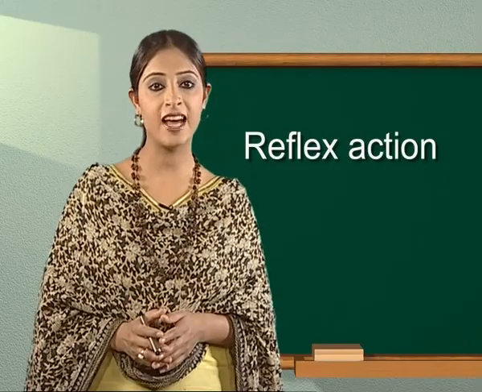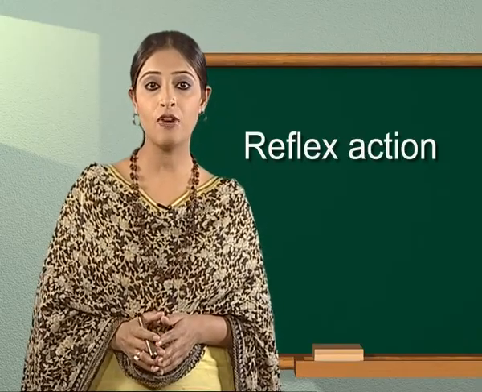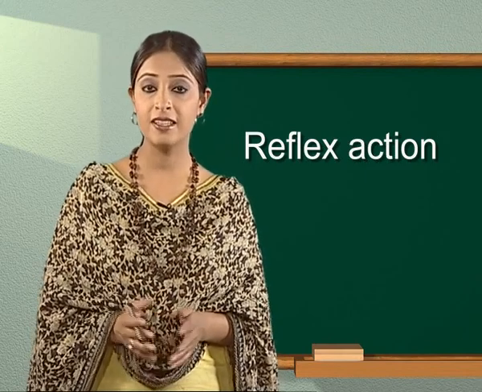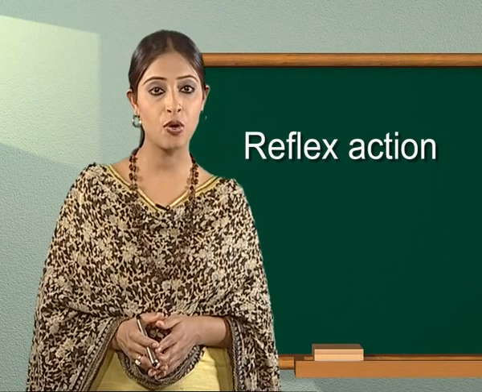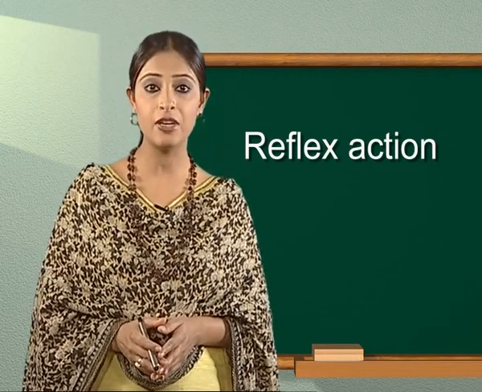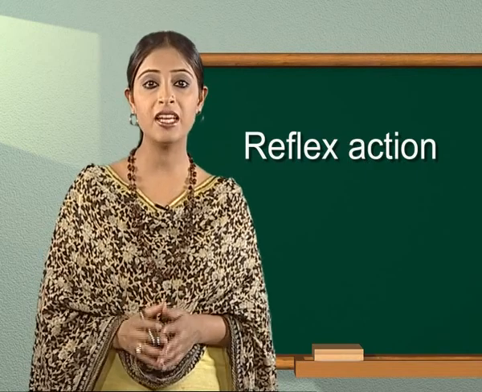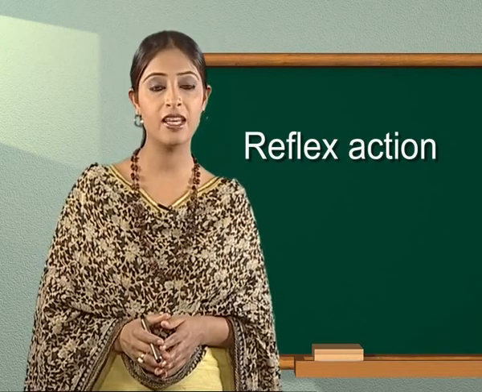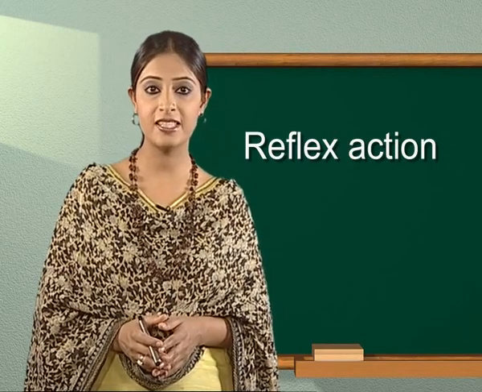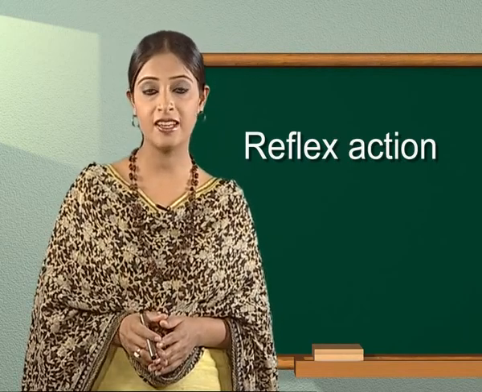So we can say that a sudden withdrawal of a body part which comes in contact with objects that are extremely hot, cold, pointed, or the animals that are scary or poisonous without the intervention of our will is known as reflex action. Students, did you notice one thing here?